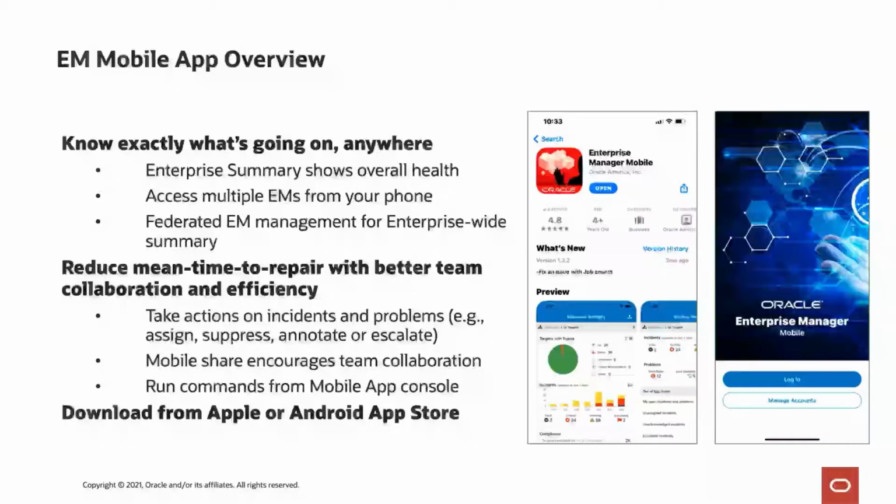When EM creates those incidents or problems, you will see those on your mobile app, and you will be able to take triaging actions. For example, you will be able to assign it to yourself or any specific person, suppress them, add notes to them, escalate them, pretty much all the lifecycle related activity for an incident. You would be able to do it from your mobile app.